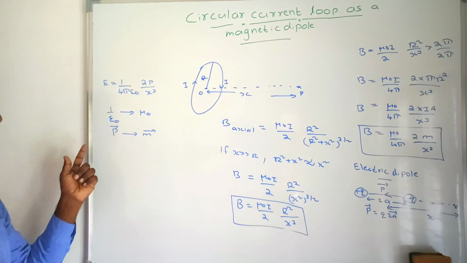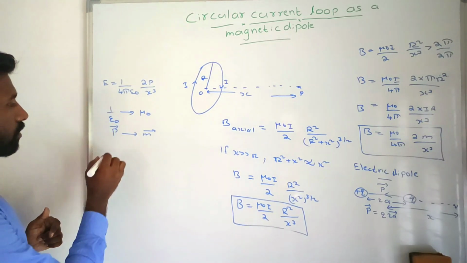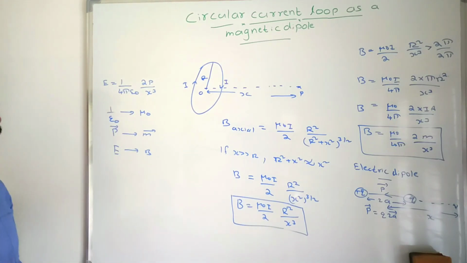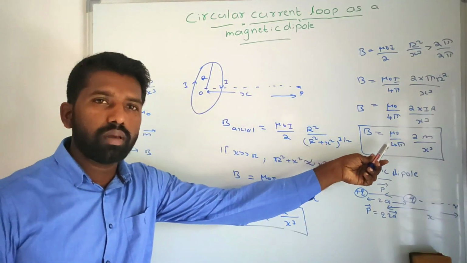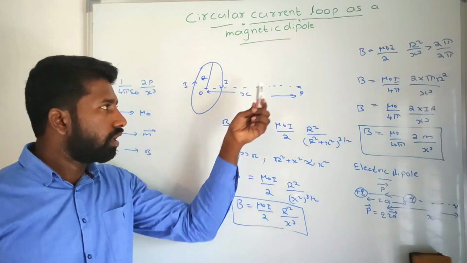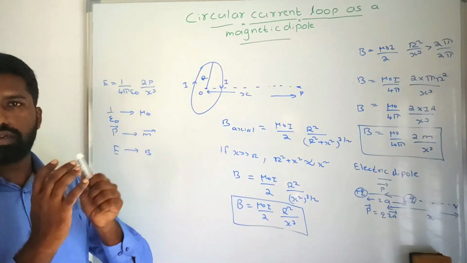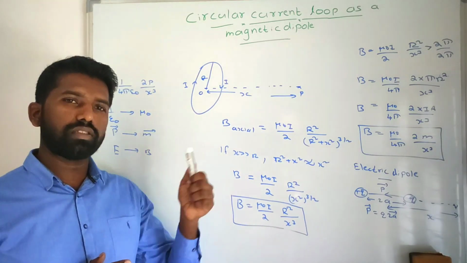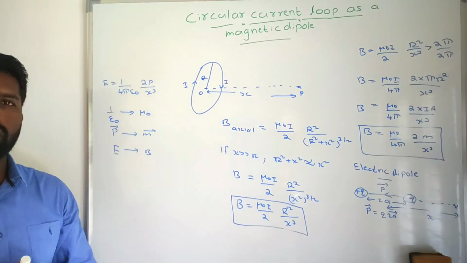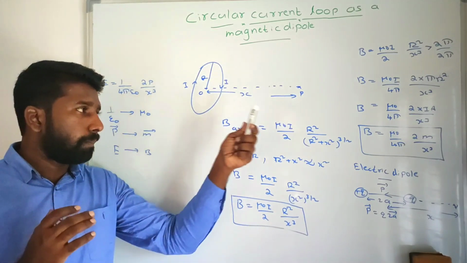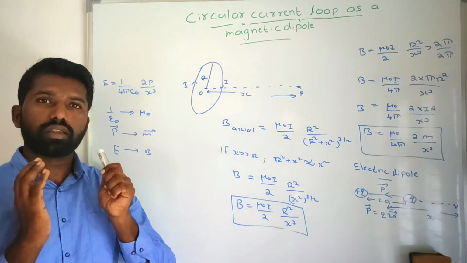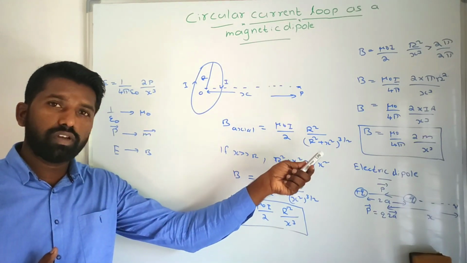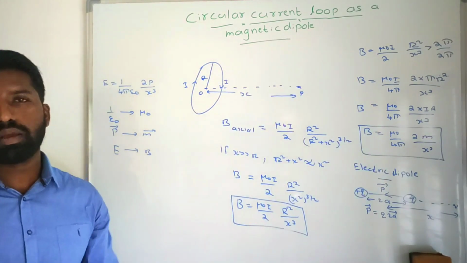Now you change the E to B. So you will get the magnetic field along the axial line of a magnetic dipole. So from this we can say that the behavior of the magnetic field produced by a magnetic dipole is similar to the electric field produced by an electric dipole.